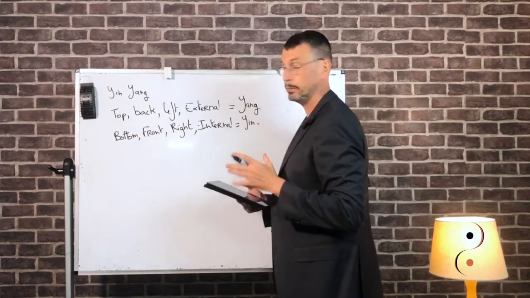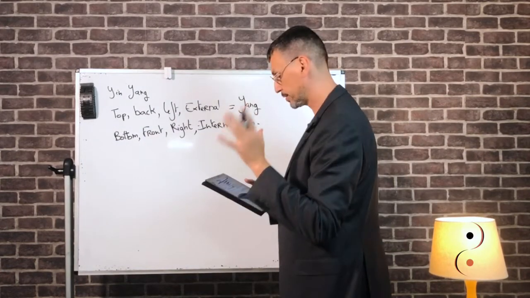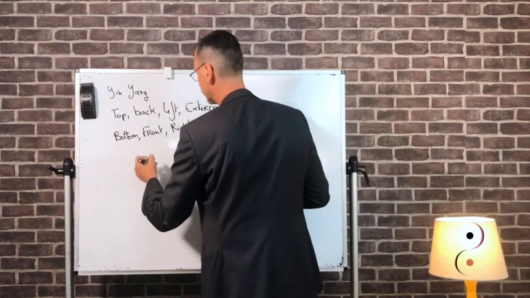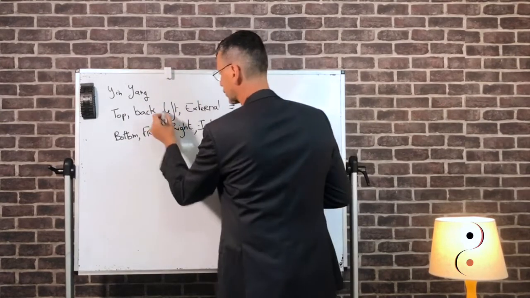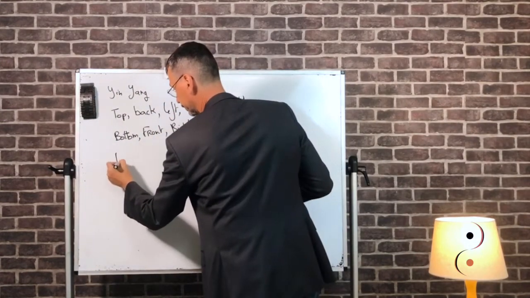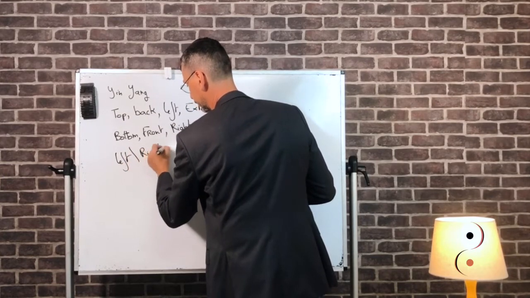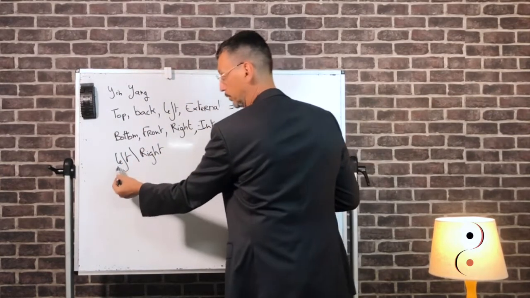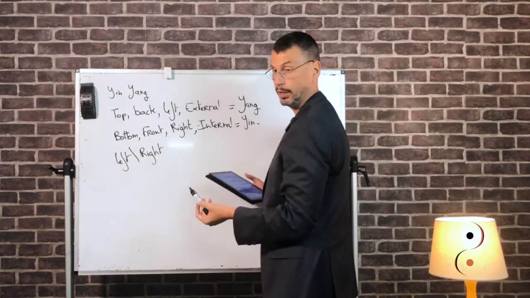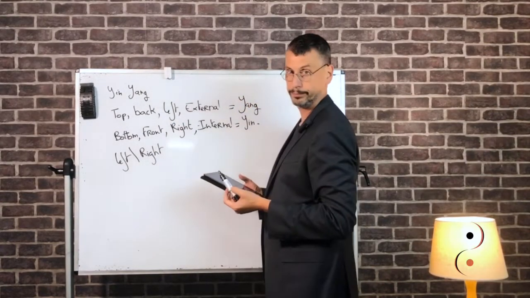This allows us to compare two things, well, even three things. First, the left and right. So the left pulse will correspond to the yang, and the right pulse to the yin.